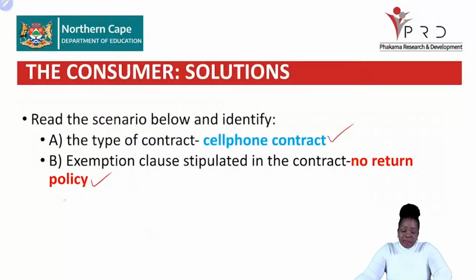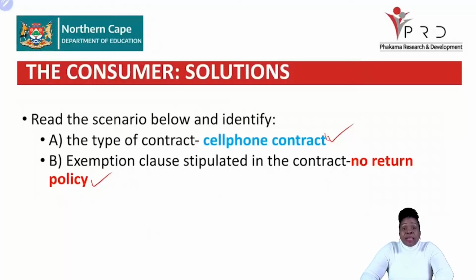Welcome back, learners. We go to the solutions for the scenario. We answer A. We say the type of contract is a cell phone contract. And then B, the exemption clause. I'll first explain an exemption clause.